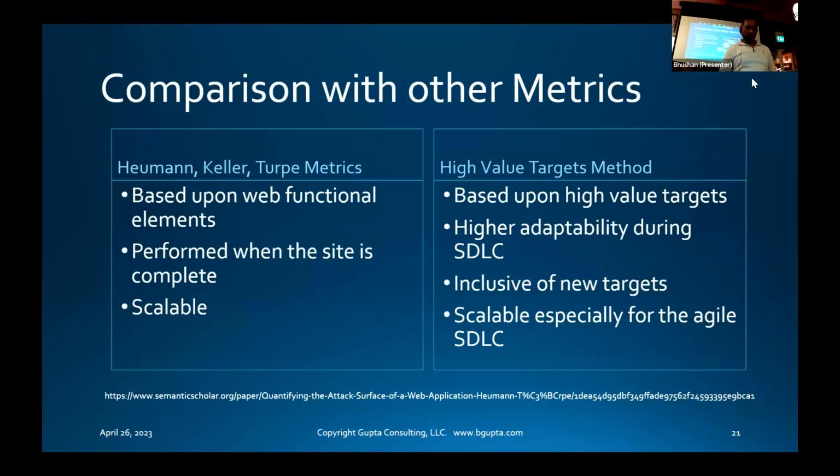This paper here, the Herman, Keller and True paper, was written in 2012. And I'm surprised it has not been put to practice. What they did in their paper, they took all assets, computed assets and related assets. And then they came up with a similar approach. If you're looking at the entire picture of your application, that would be the way to go.